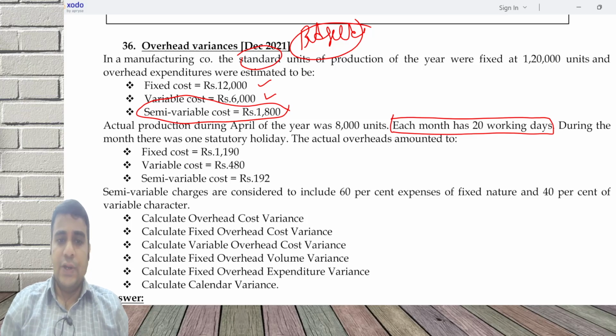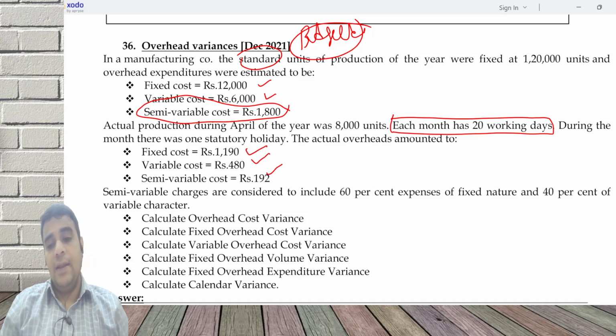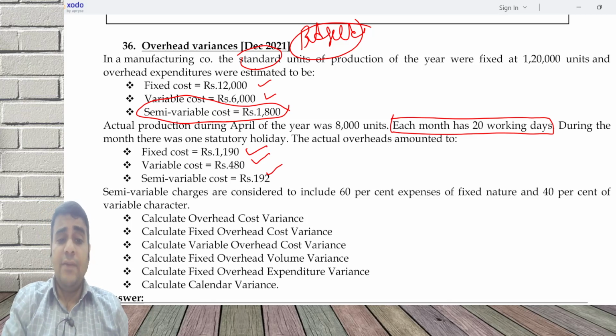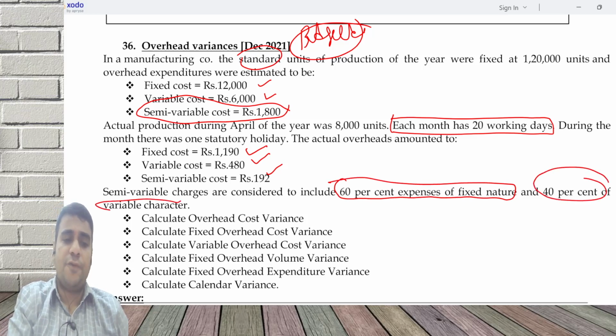Actual overhead amounted to fixed, variable, semi variable. The new element in this question is the semi variable cost. Semi variable charges are considered to include 60% fixed and 40% variable.